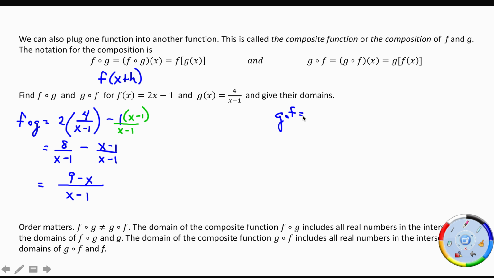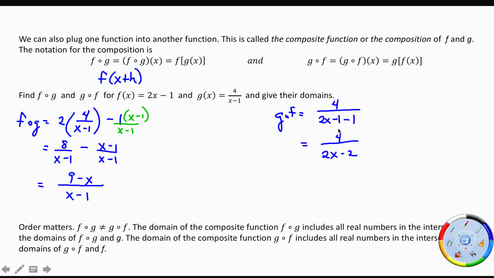g of f means you start with the function g. So I'm going to start with g. But when I get to an x, I'm going to plug in the function f. So I have 4 over, but instead of x, I want to replace it with 2x minus 1, finishing out my parts of g. I get 4 over 2x minus 2.